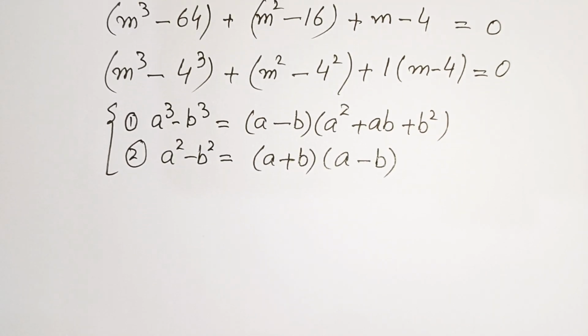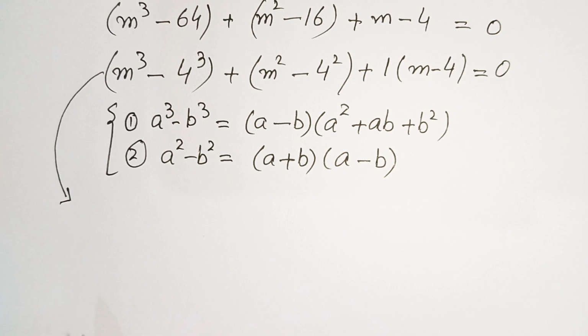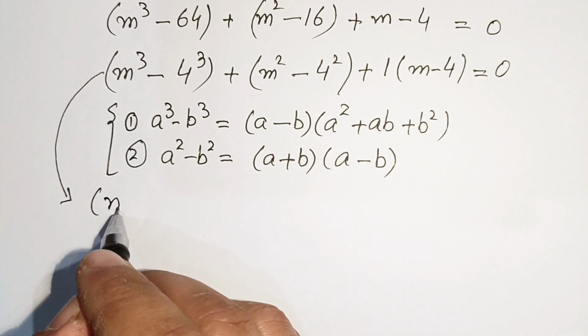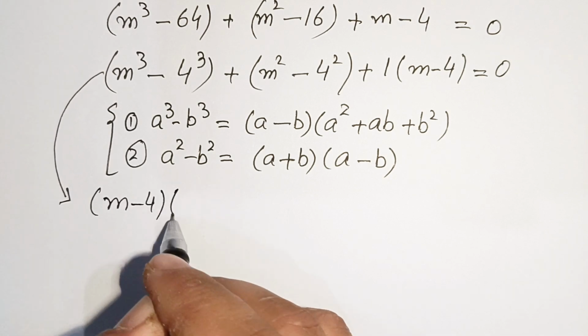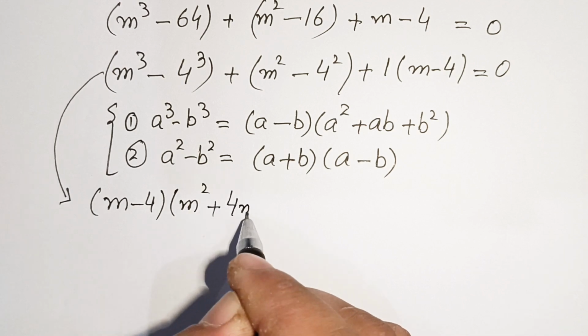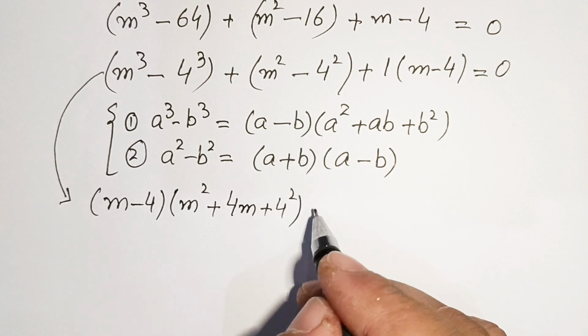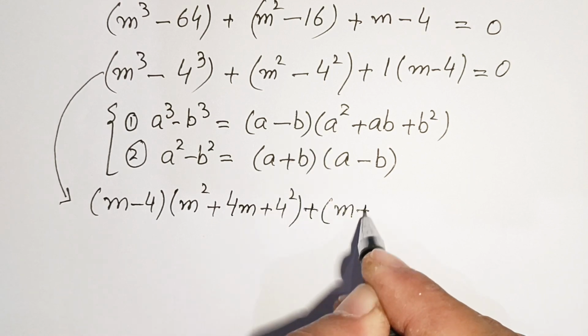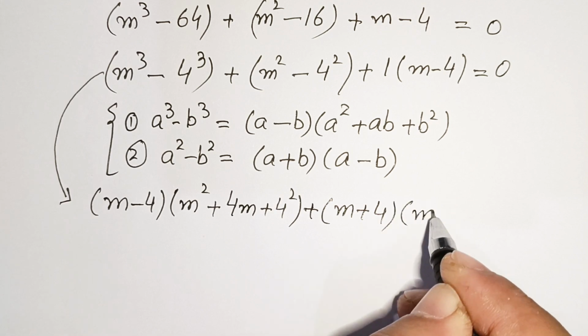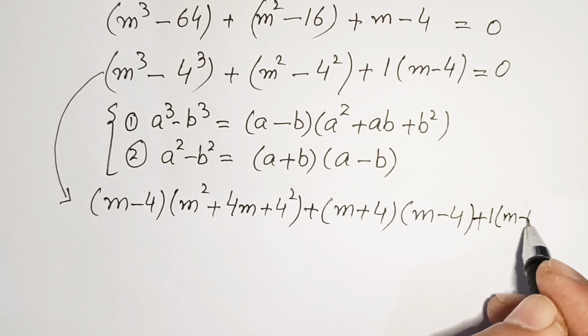Applying these, m cubed minus 4 cubed is m minus 4 times m squared plus 4m plus 4 squared. Similarly, we have m plus 4 times m minus 4, plus 1 times m minus 4, equal to 0.